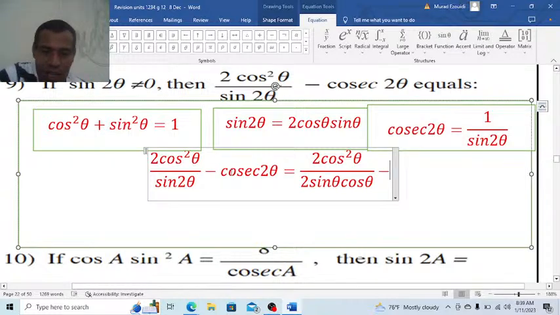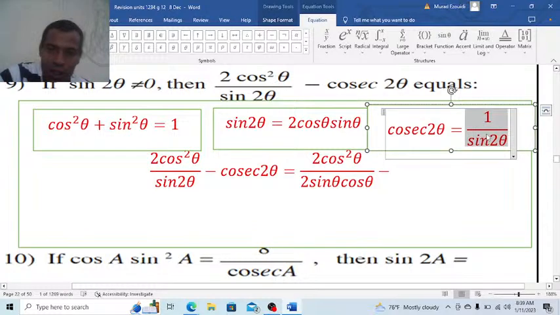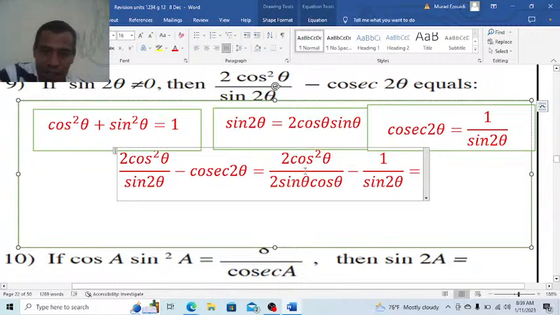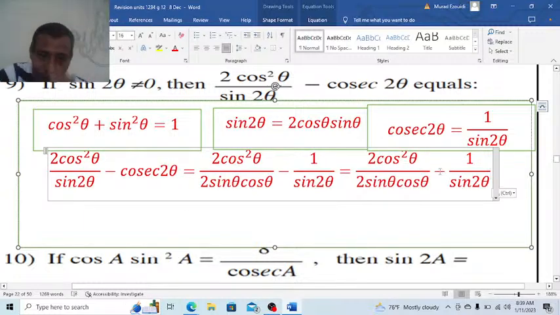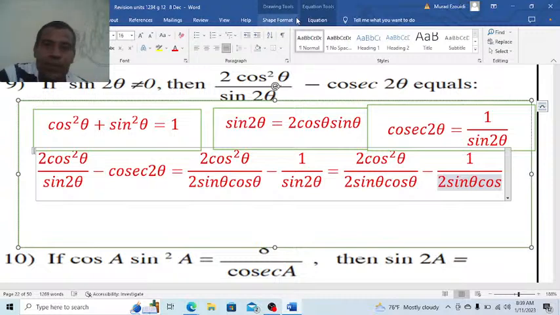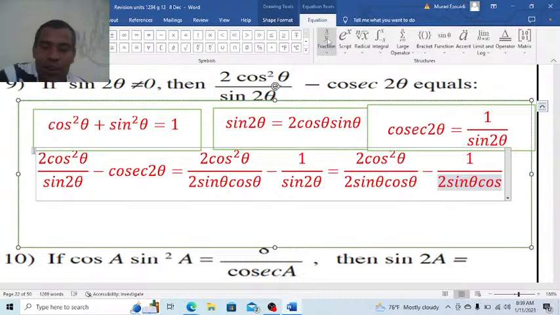Cosec of 2 theta is 1 over sine of 2 theta, and sine of 2 theta is equal to 2 sine theta cosine theta, because I changed the double angle formula sine 2 theta as 2 cosine theta sine theta.